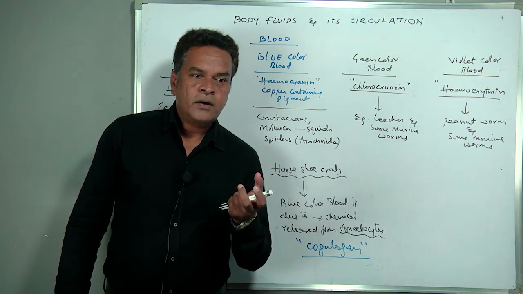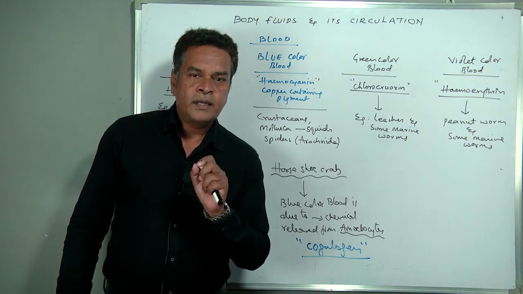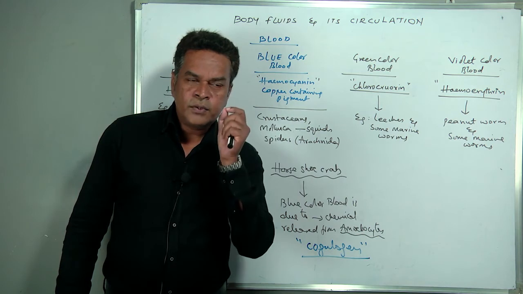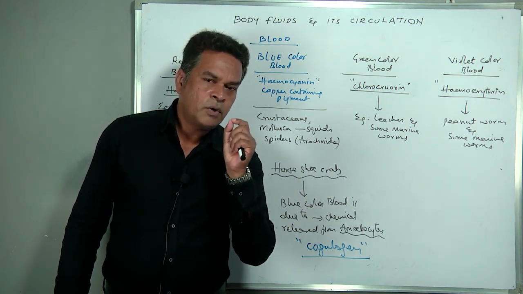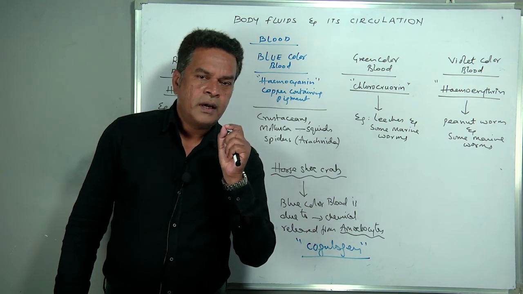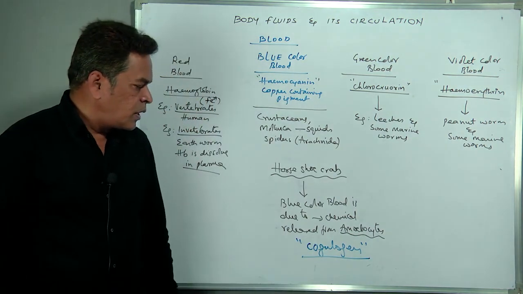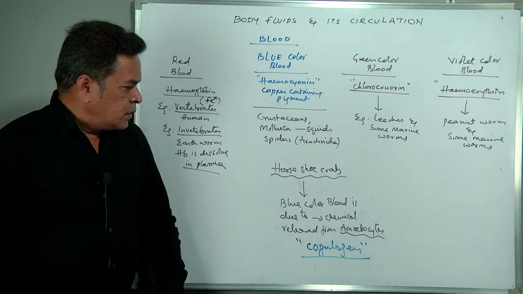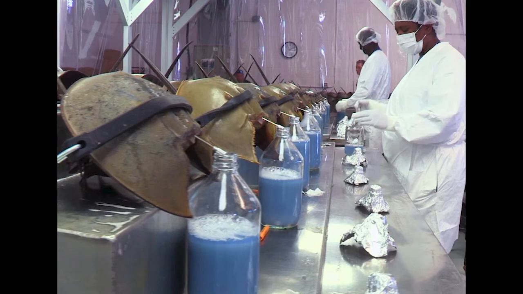Generally we take the concentration as parts per million or parts per billion. Here it is parts per trillion, a very minute quantity. Even the smallest bacteria can be detected with the help of this coagulogen. Go through the slides, you will understand how important this coagulogen is.